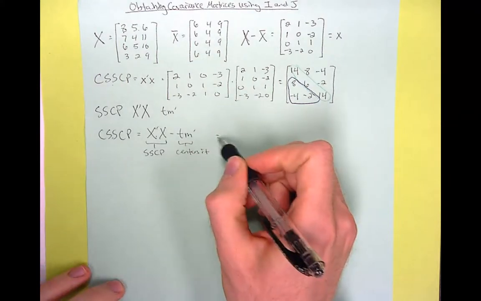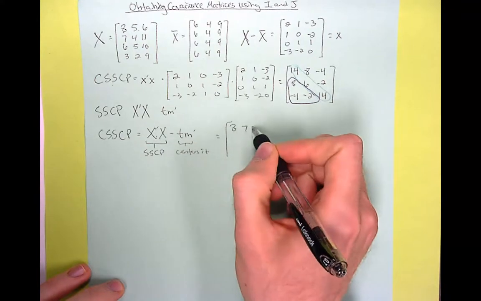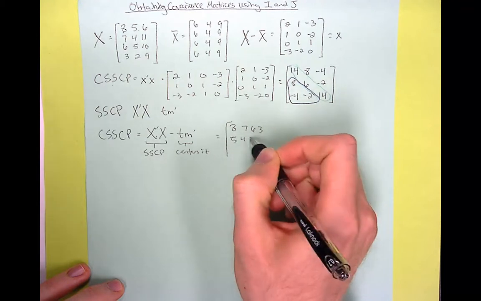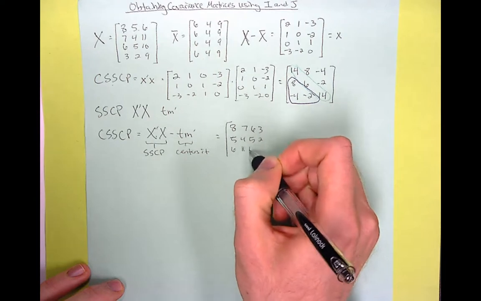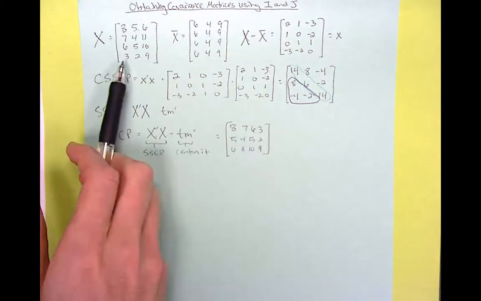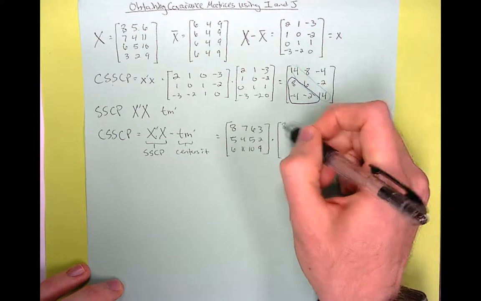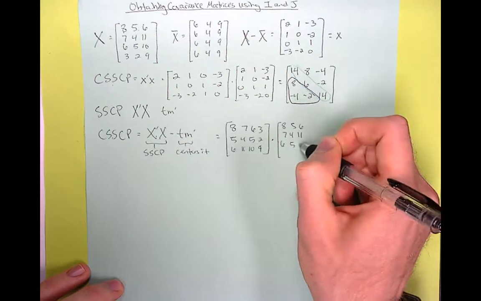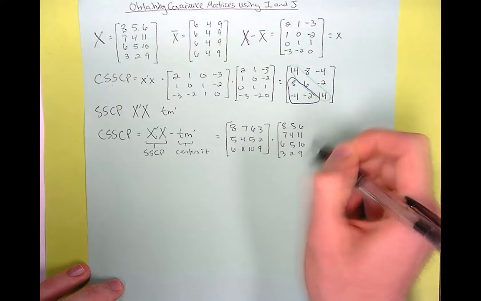So this is going to equal, we got 8, 7, 6, 3, 5, 4, 5, 2, 6, 11, 10, 9. And we know that from up here. I just took the transpose in order to multiply that by the raw data here: 7, 4, 11, 6, 5, 10, and 3, 2, 9.